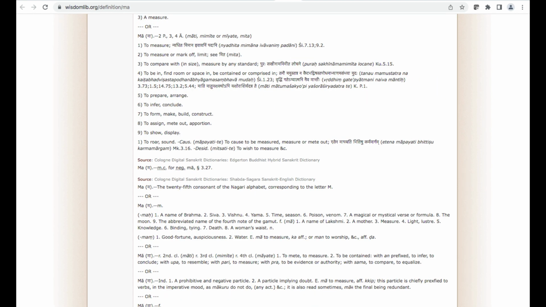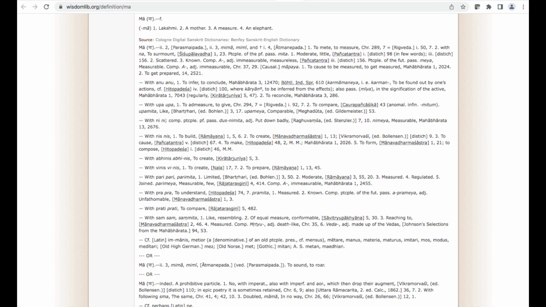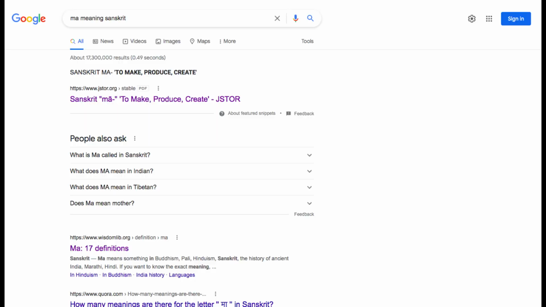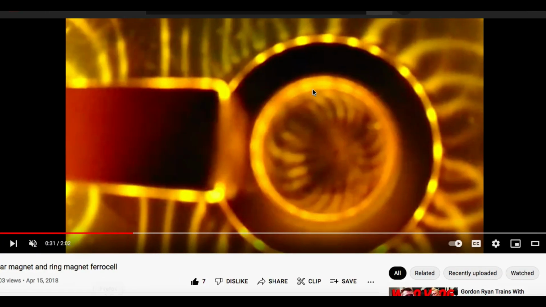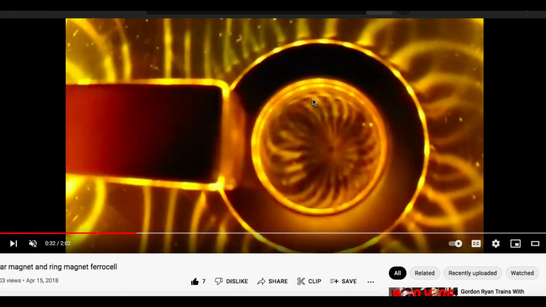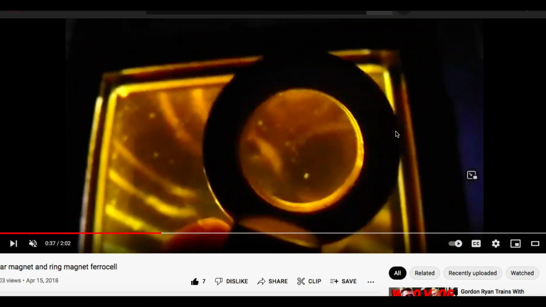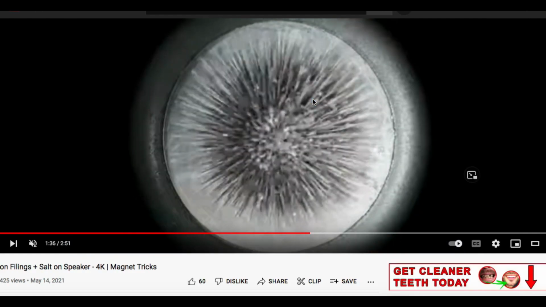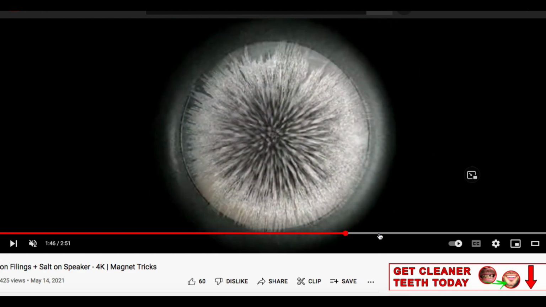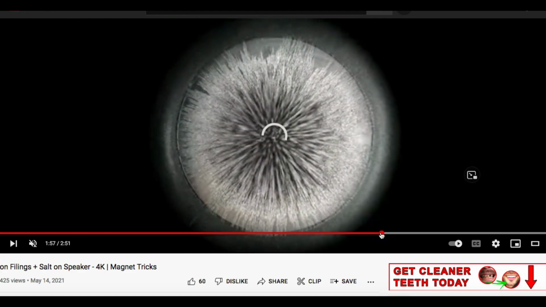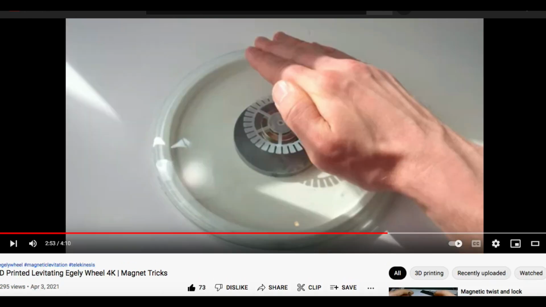Ma also means to measure, to mark, to prepare, to arrange, to form, to build, to construct, to make, to assign, to apportion, to show, display. And isn't that what a magnet is doing? Isn't a magnet arranging things in 3D space? Tell me if I'm wrong. Tell me if a magnet is not performing an arrangement in 3D space. By all means, comment, refute my arguments, refute these observations.